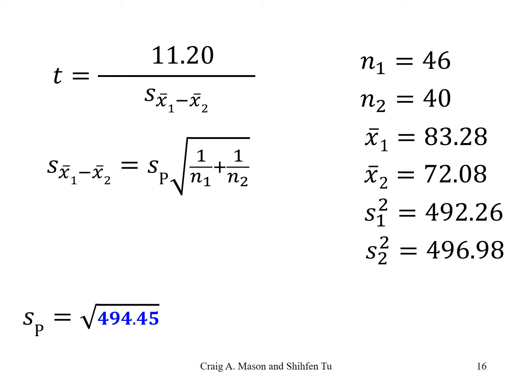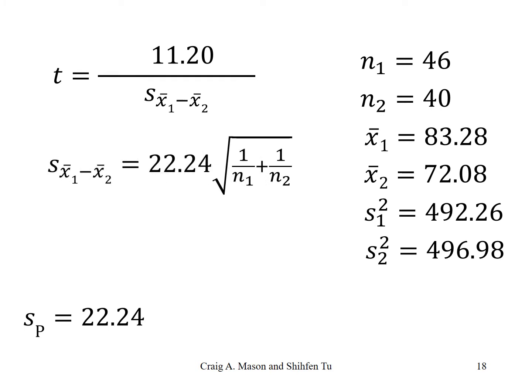Okay, back to our calculations. So let's take the square root of our pooled variance, and we get the pooled standard deviation being 22.24. Now let's plug that into our formula for the standard error of the differences in means, and we get the standard error of the differences in means is equal to 22.24 times the square root of the sum of 1 over n1 plus 1 over n2.